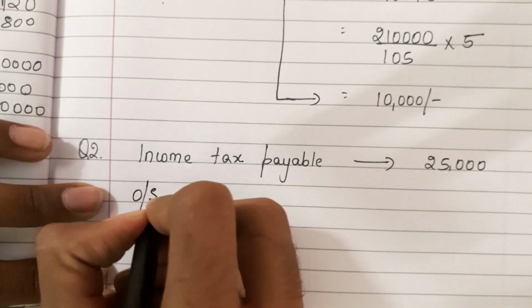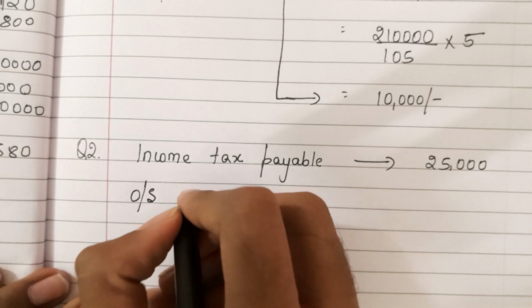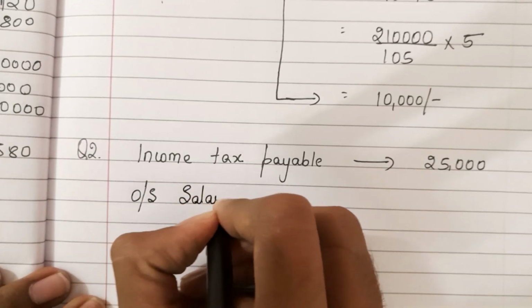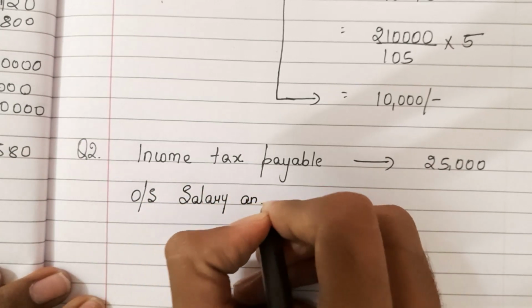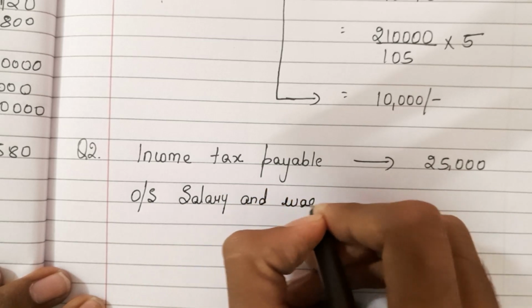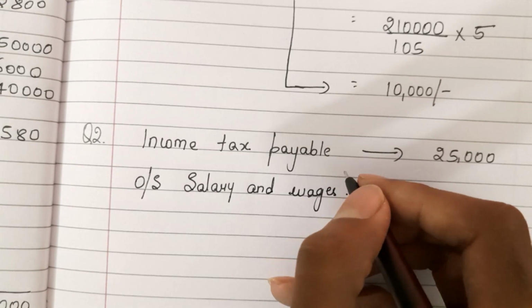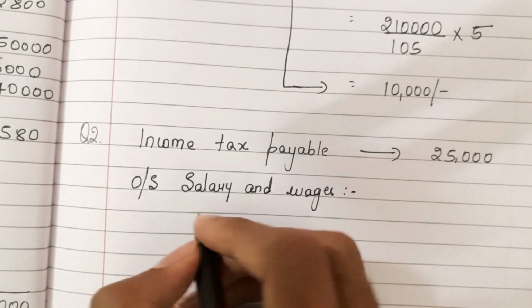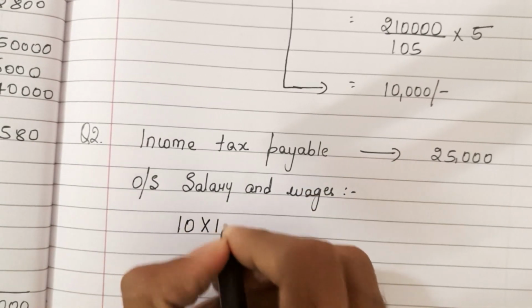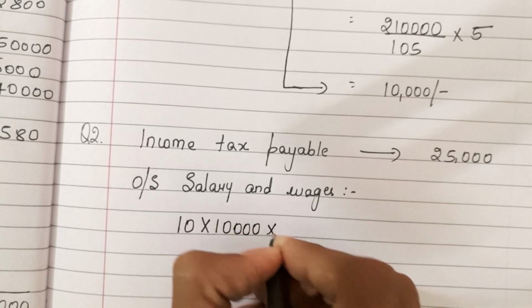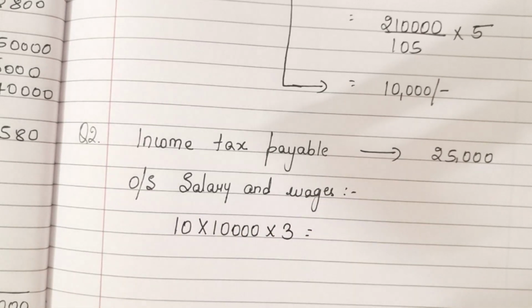Next we have outstanding salary and wages. In that, if you see, there are 10 workers at 10,000 per month, and 3 months we have to pay for that.